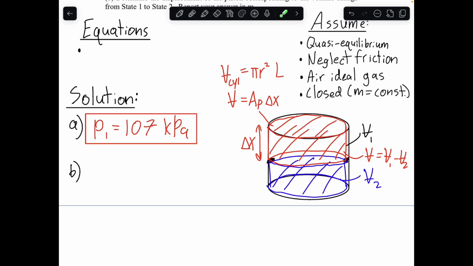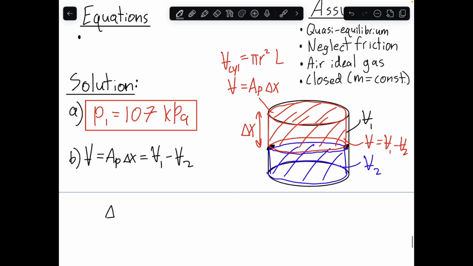So all we have to do is equate these two equations together, and the math is actually really simple. It's just hard to figure out how to get there. But if we think about it like this in 3 dimensions, maybe it makes it a little bit easier. We can just equate those two terms and say that the volume is equal to the area of the piston times our displacement delta x, and that's also equal to our volume at state 1 minus our volume at state 2 or state 3.